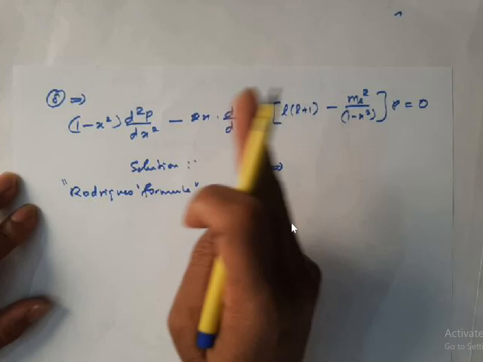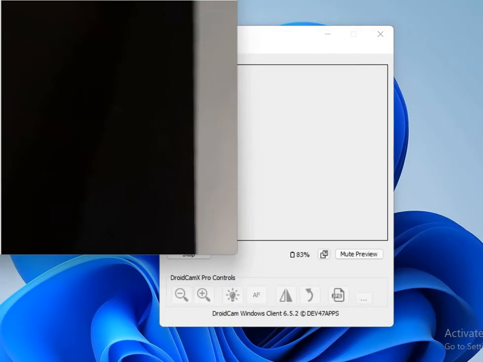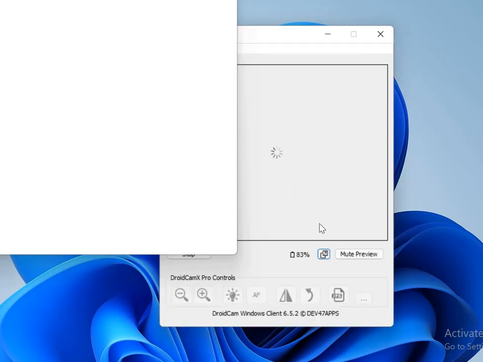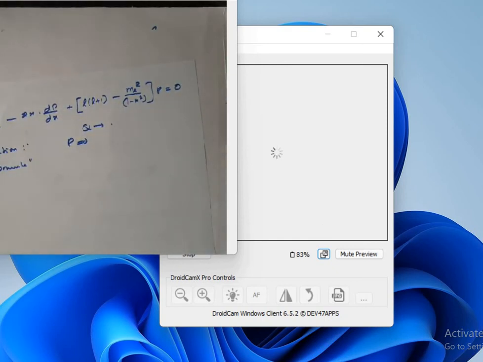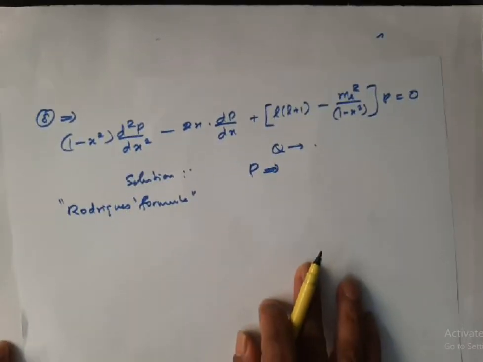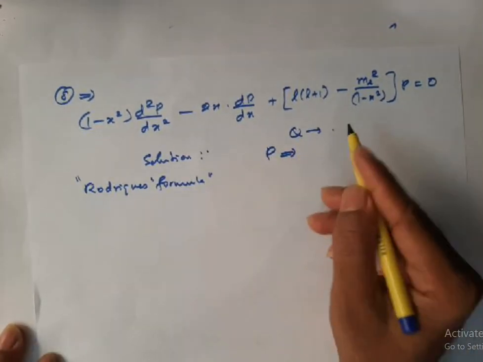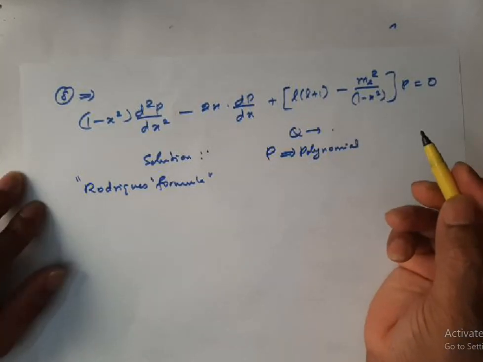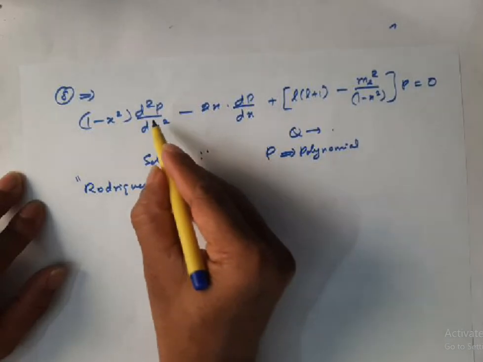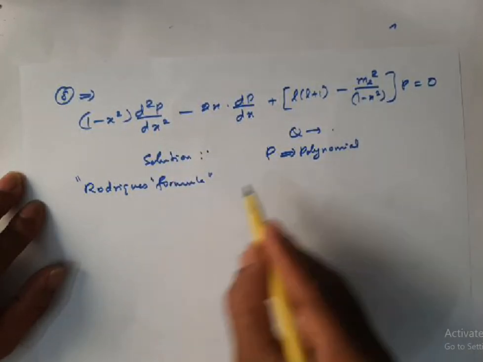Now, we have converted the function q into a polynomial. Therefore, since q becomes a polynomial, p also becomes a polynomial.